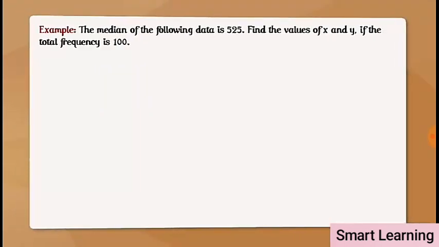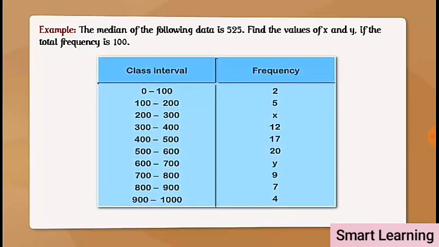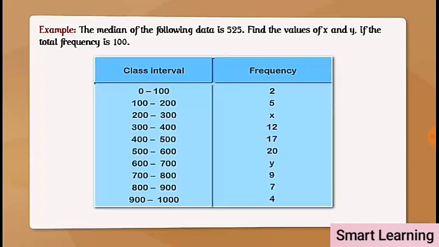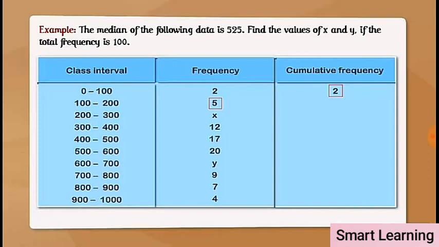Example. The median of the following data is 525. Find the values of x and y if the total frequency is 100. First of all, we will find the cumulative frequency.